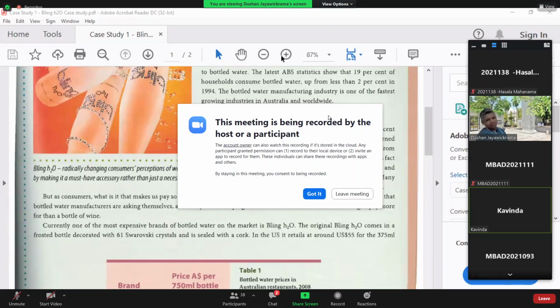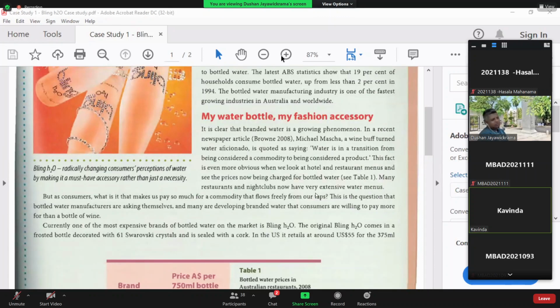When it comes to the placing strategy, they are selling their products in areas where celebrities are present, like clubs and some events where celebrities come and participate. When it comes to promotion, they are using premium promotion activities like the MTV Music Awards and the Emmys.